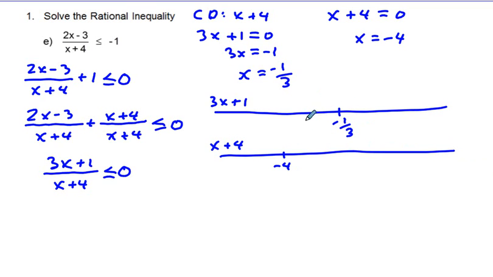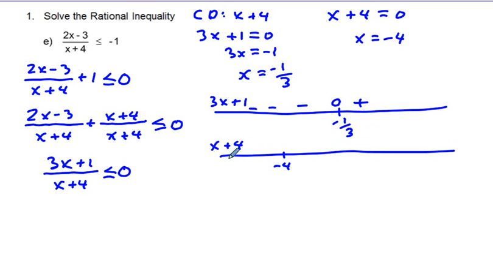So it's just getting these things in order. And now at negative 1/3, the numerator value is 0. And to the left of negative 1/3, we have that numerator value is negative. So I put a negative sign here in this interval, a negative sign over the negative 4, and also another one to the left of negative 4. And to the right of negative 1/3, we are going to have the numerator as positive.